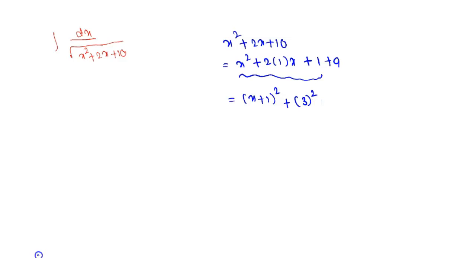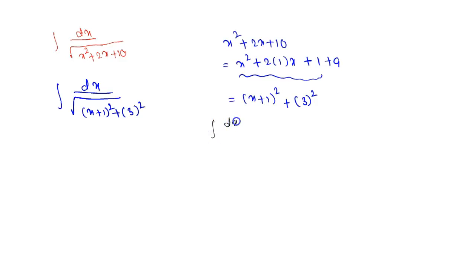So here x square plus 2x plus 10 can be written as x plus 1 whole square plus 3 square. Here I am replacing dx by root over x plus 1 whole square plus 3 square. So here we have the formula.